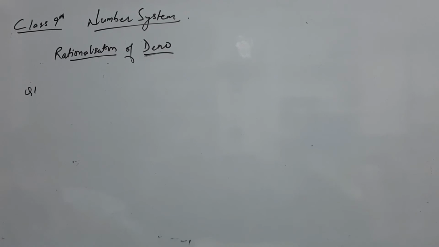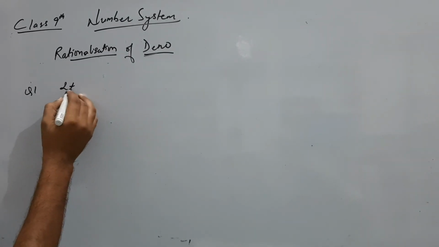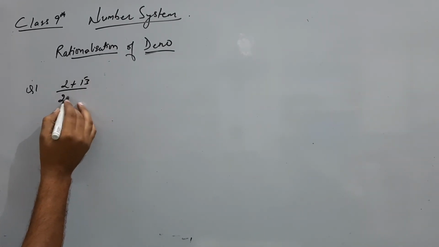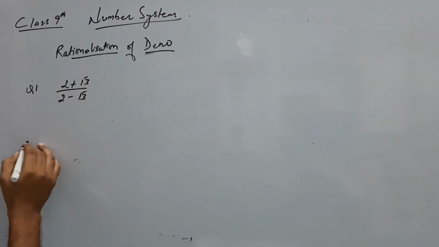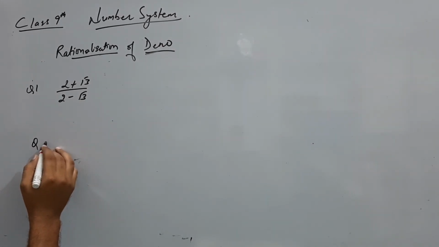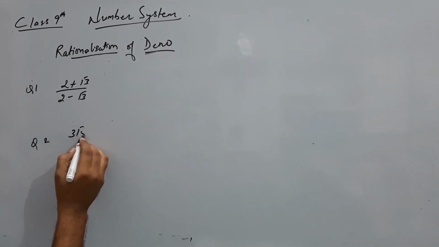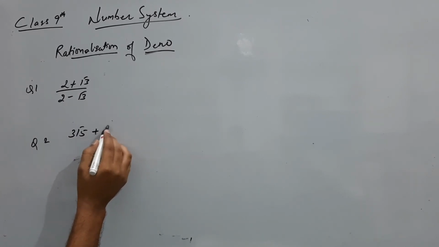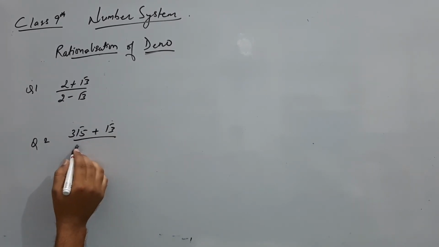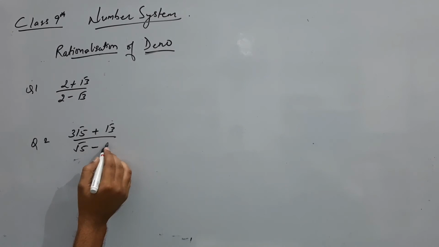We have some questions. 2 plus root 3 upon 2 minus root 3. We have another question. 3 root 5 plus root 3 whole upon root 5 minus root 3.